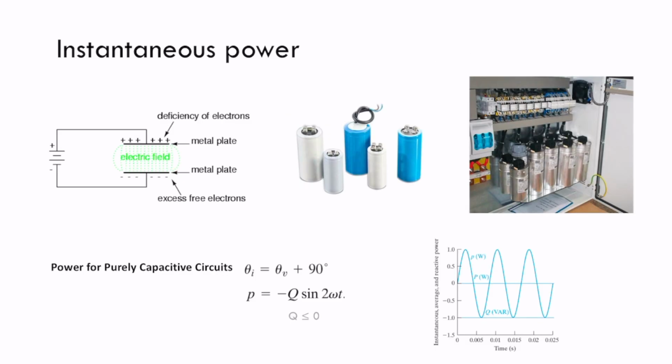We have something similar for the capacitors. In the capacitor, the current is actually leading the voltage, so the phase angle of the voltage plus 90 degrees will be equal to the phase angle of the current. We observe here that Q is a negative value in general, just by replacing those values. We have a similar interpretation for this case, where the capacitors are accumulating or storing energy in an electric field.